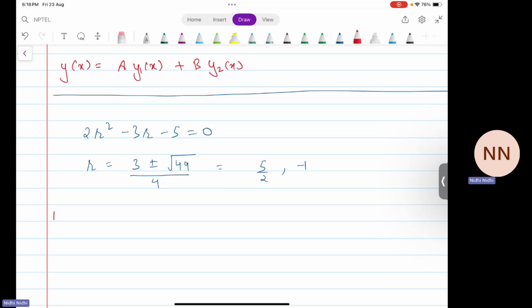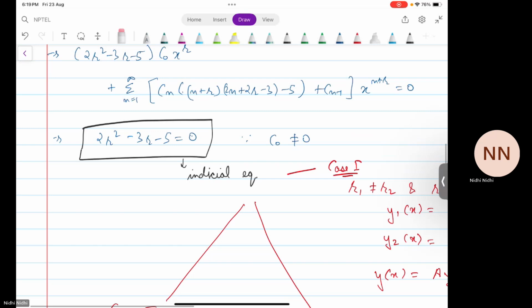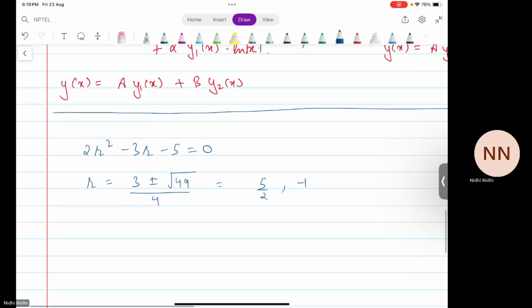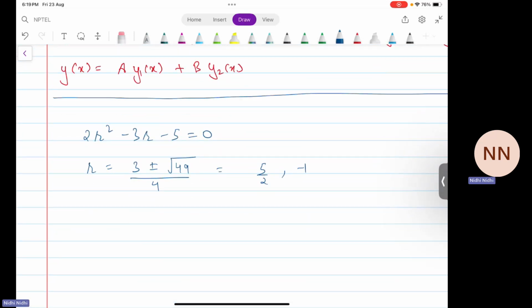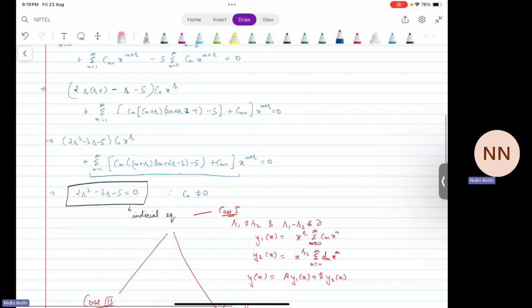So taking r1, from the above part we'll get Cn is equal to minus Cn minus 1 by (n plus r)(2n plus 2r minus 3) minus 5, just putting this coefficient to be 0.